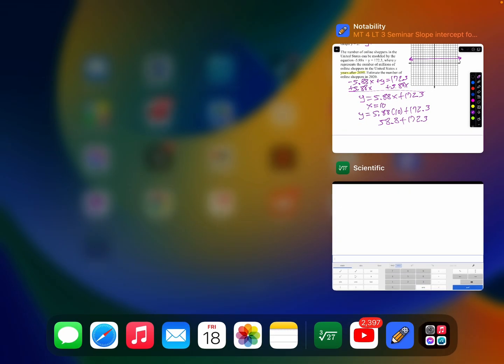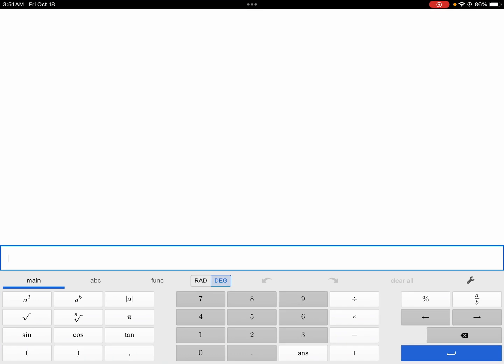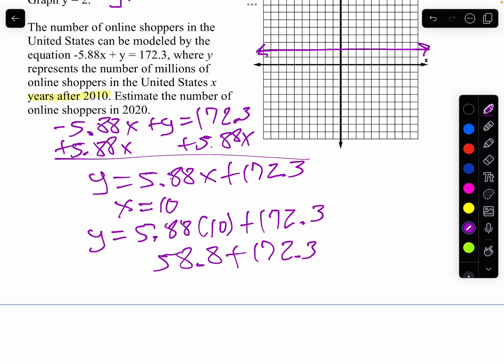I could do that by hand, but I'm going to use my calculator. So I'm going to say 58.8 plus 172.3. And we get 231.1. So I'd say y is the number of millions of online shoppers.